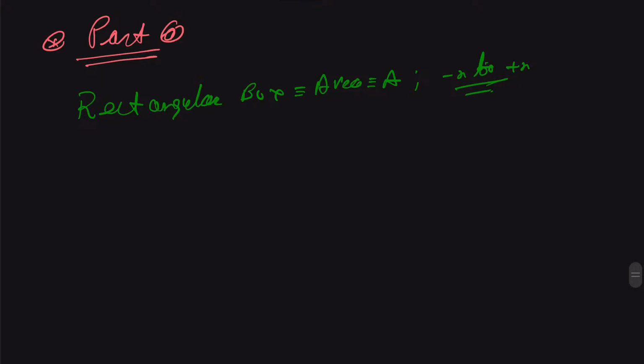So from here we can easily find out the flux, that is phi, which will be equal to EA plus EA, on both sides.